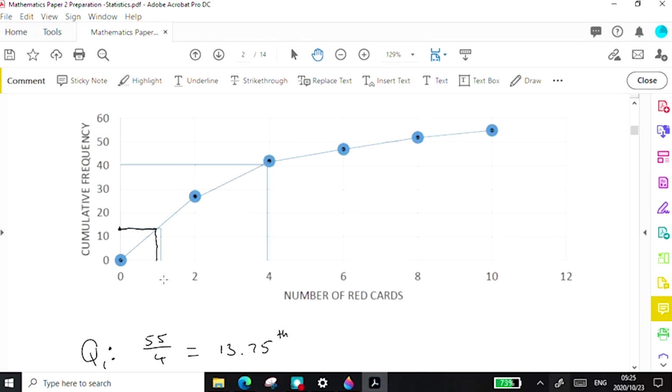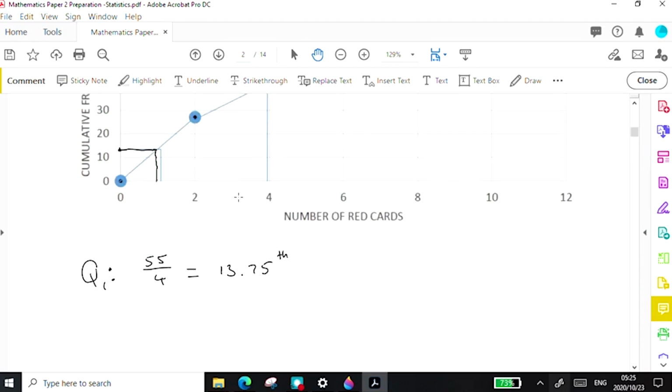Recall that with red cards we either have 0, 1, or 2 red cards. Therefore Q1, the first quartile, is equal to 1. We do the same thing for Q3.